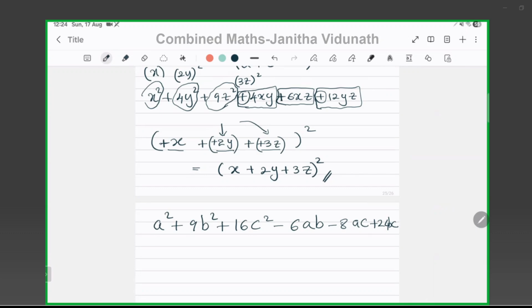So now we need to find three terms that give a whole square as this.